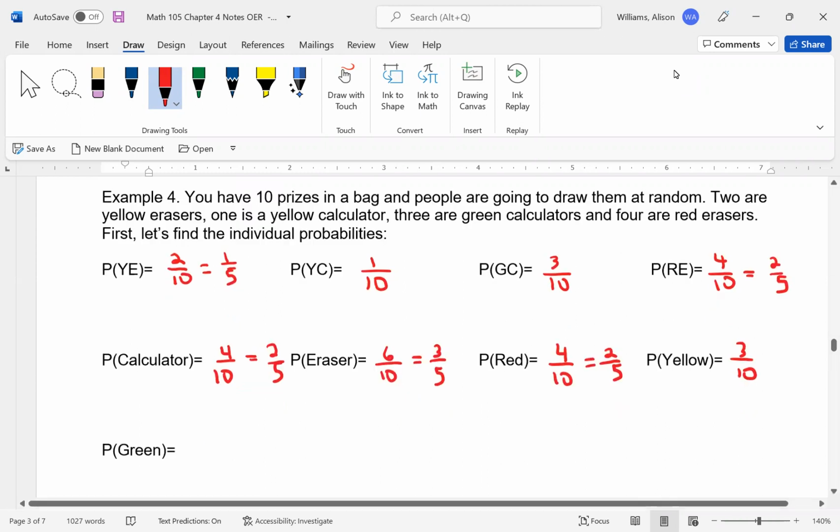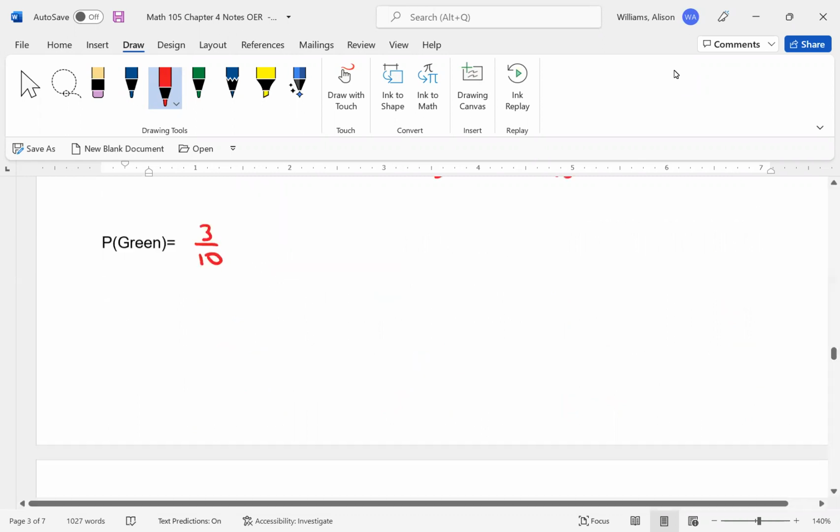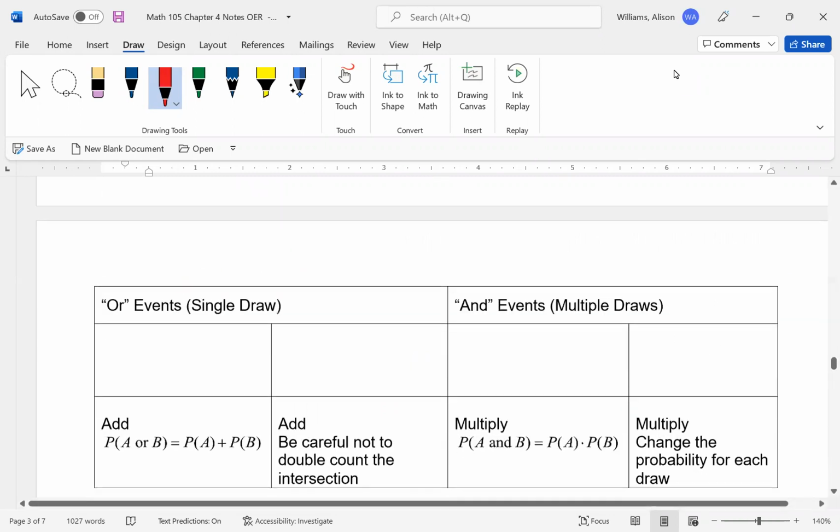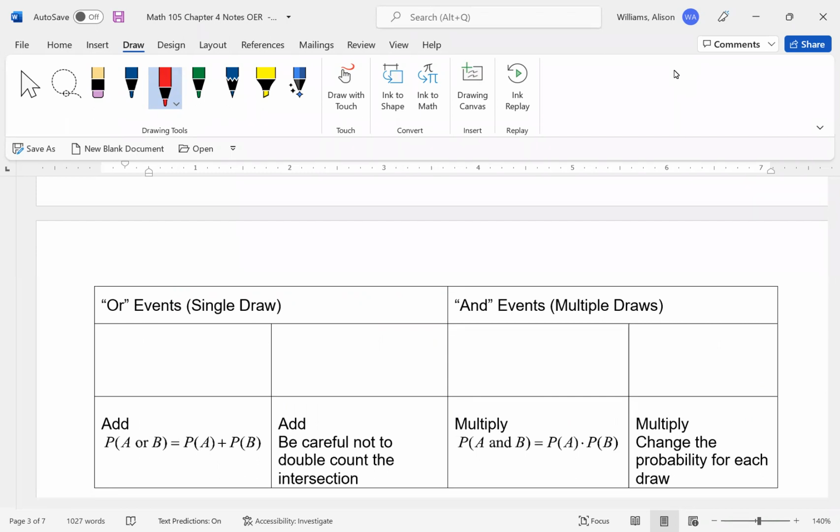But before we use these, I want to go into more detail on some ideas that we've discussed a little bit. So the idea of OR events. For this particular example, we're thinking of this as drawing one thing, and there are 2 scenarios that we're going to see. One is looking at 2 categories that are disjoint.